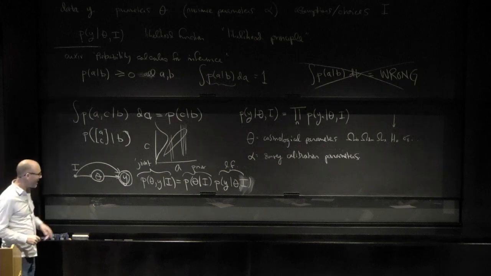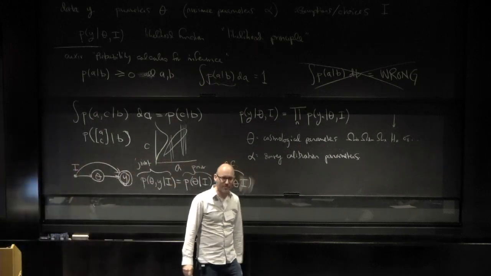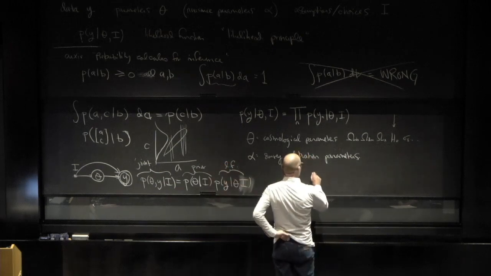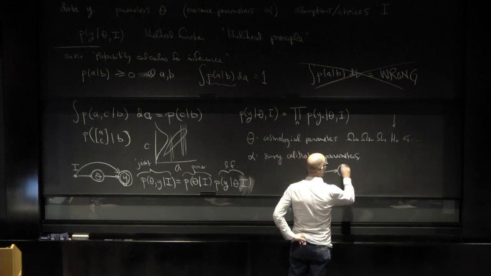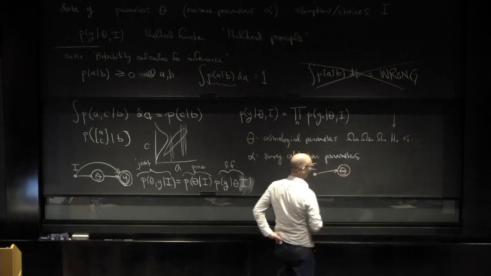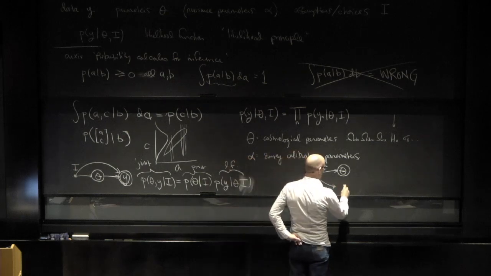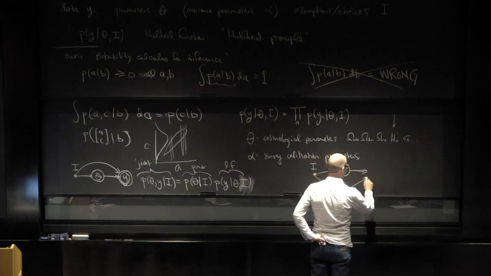Okay, good. Now, if I have nuisance parameters, alpha, my graphical model gets a little more complicated. Because if I have nuisance parameters, I have my fundamental assumptions, and my fundamental assumptions produce my parameters. But also there are nuisance parameters, and these two things produce my data, which is observed.